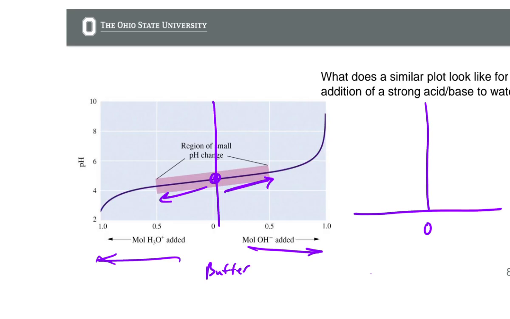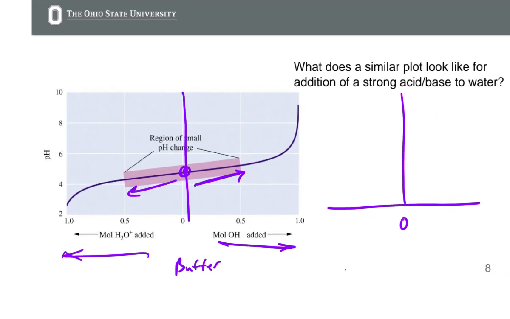What if we just have water and we add a half mole of OH minus and a half mole of H3O plus? Okay, let's think about what happens to the pH. Think about in your own experience, you have some water, you add strong acid to it. What happens to the pH? It decreases very quickly, right?